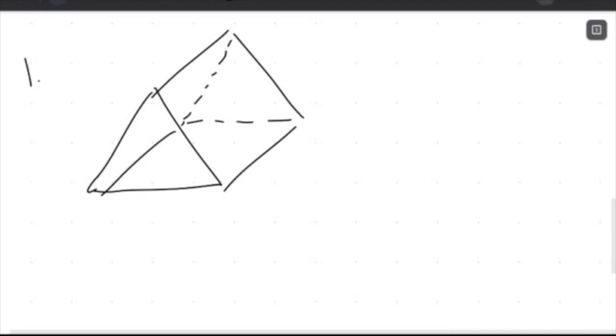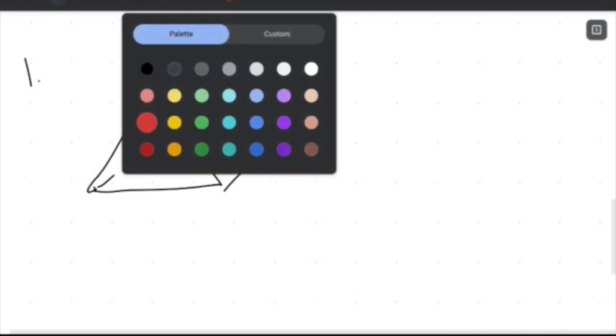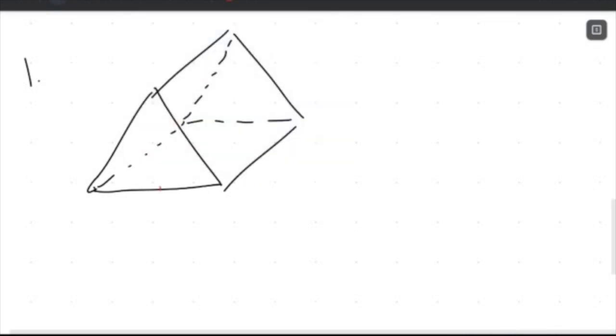Just pretend that this looks a little bit better for the sake of this question. Now, I have a triangular prism, and my height here is 2 meters, and I have a 4-meter long base, and my length here is 8 meters.